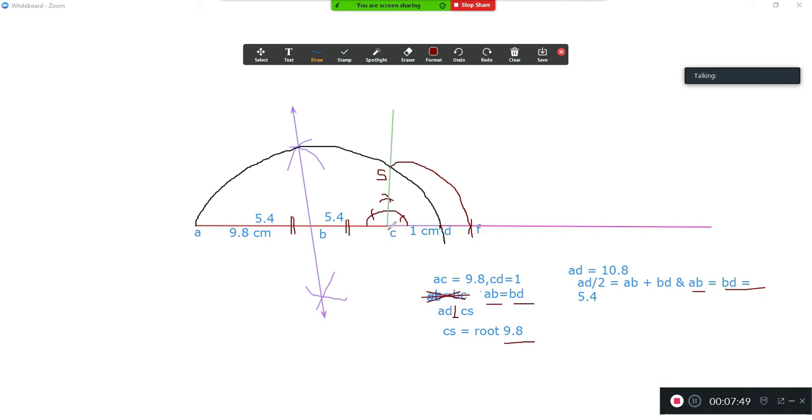So my length will be CS equals to, and next this point let be CF, so this is root over 9.8. But actually it's wrong. That's why it's the purpose of making this video. So now let's carefully see one thing.